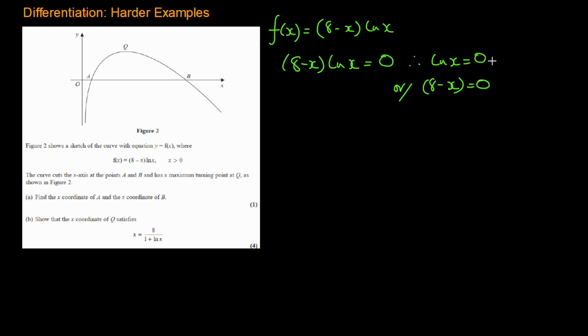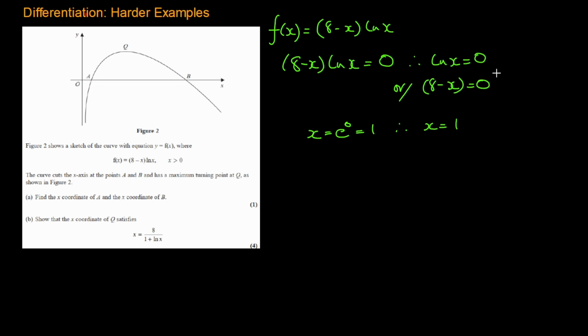Well, if the answer isn't obvious, take antilogs. The antilog of ln x is simply x, and the antilog of 0 is e to the 0. Anything to the power 0 is equal to 1. So we get x is equal to 1.